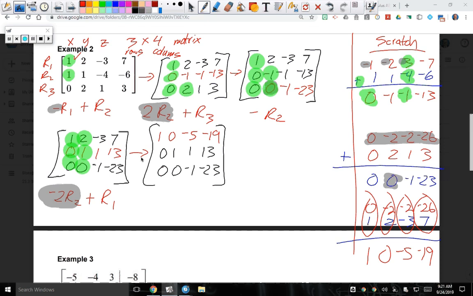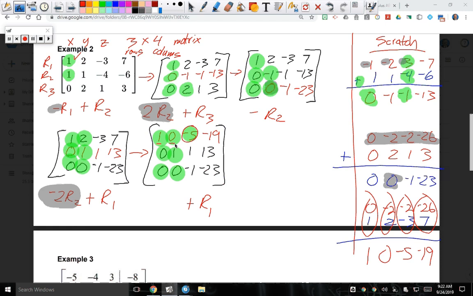Guys, we're almost there. Here we go. We are good. That 5's got to change. Okay? And we want this 5 to turn into a 0. So I'm going to end up adding something to row 1 that'll not only change this to 0, but it will keep these as 1 and 0.